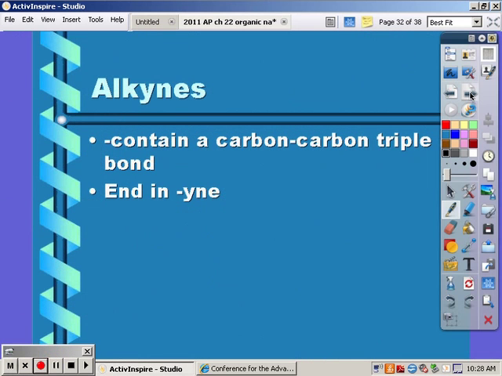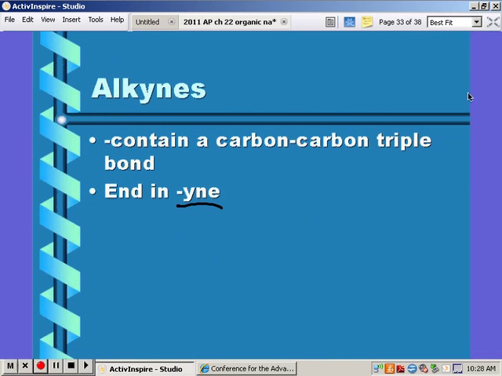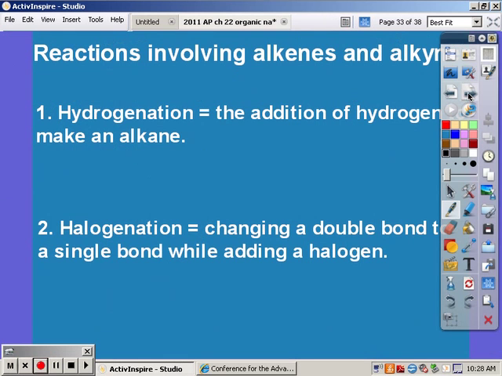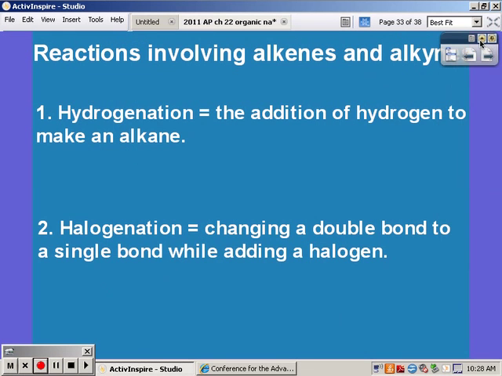Now, an alkyne contains a carbon-carbon triple bond, and it ends in -yne. Reactions involving alkenes and alkynes include hydrogenation, which is the addition of hydrogen to make an alkane, the opposite of dehydrogenation.